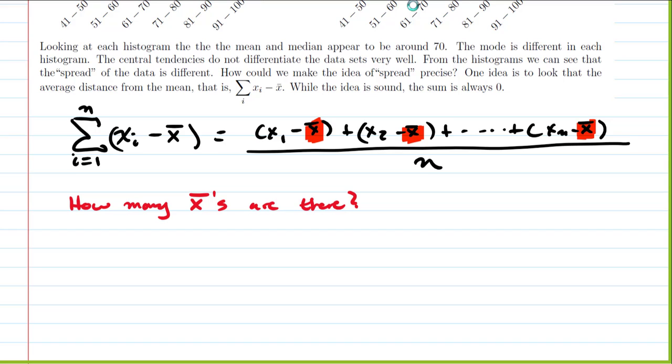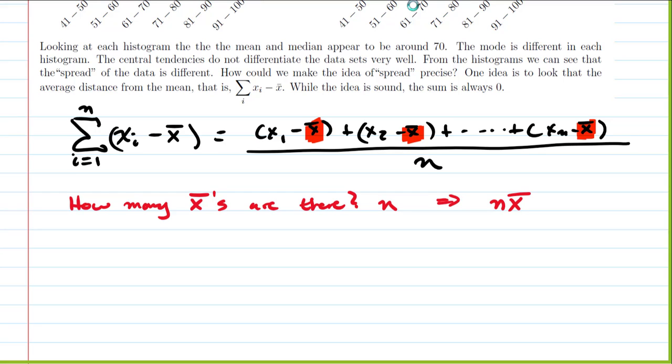There's going to be x1, x2, x3, x4, and so on, n of them. If we add x bar to itself n times, repeated addition is the same as multiplication, so there's going to be n x bars. So we're going to have n times x bar.